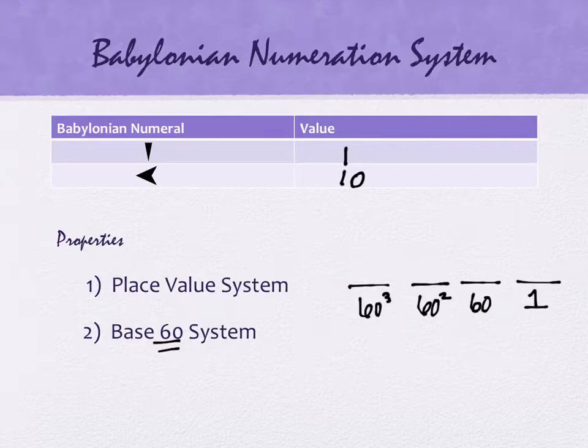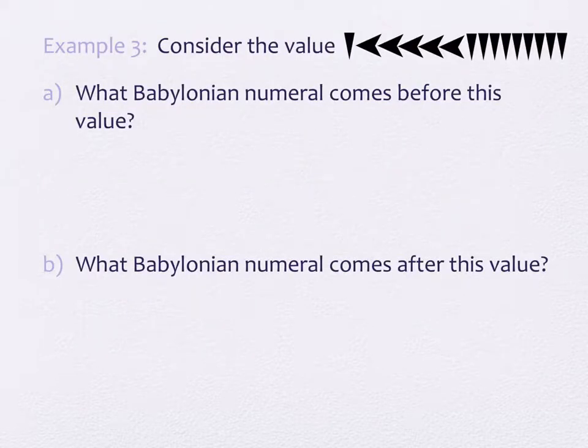Okay, so we're going to see how this works in their numerals. But we're still looking, again, like we did last time, at what comes before, what comes after. So comes before, we take away a 1, a triangle. Comes after, we add a triangle. So let's see how that looks when we have this numeral. First of all, it's really long, right?